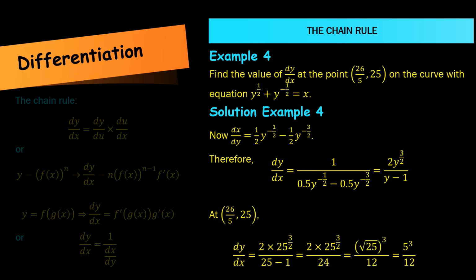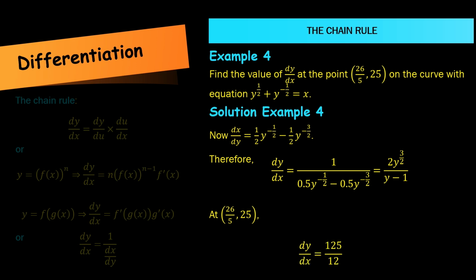So we have dy dx equals 125 over 12 at the point 26 over 5, 25. And this tidies up to 10 and 5/12.